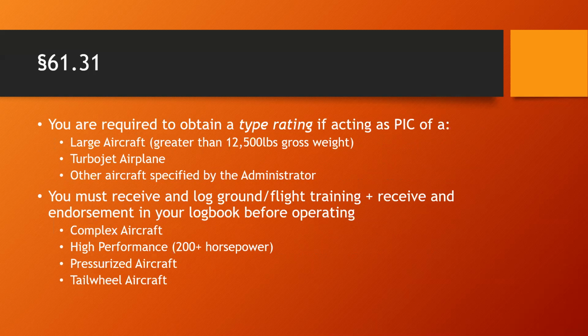This regulation mostly applies to people that have already gotten their private pilot's license. Once you get your private pilot's license, you have a few options. If you want to fly bigger aircraft, or a special type of aircraft like a tailwheel airplane, then you have to get special instruction.